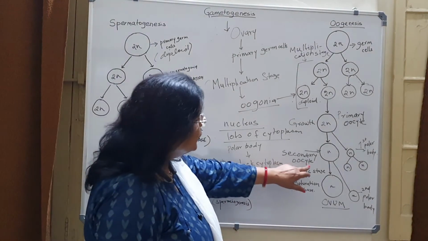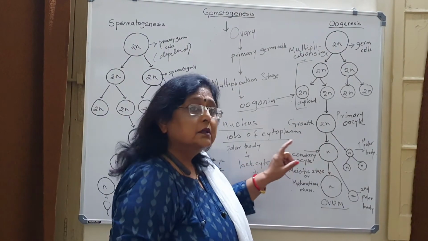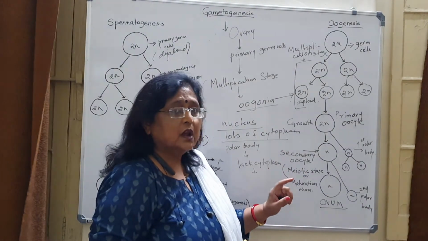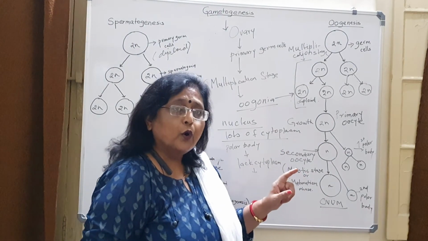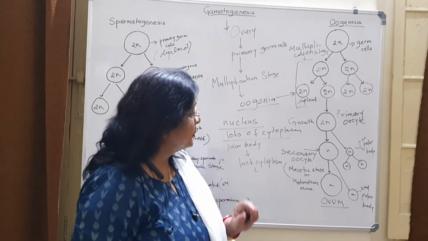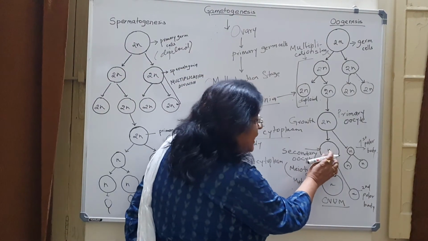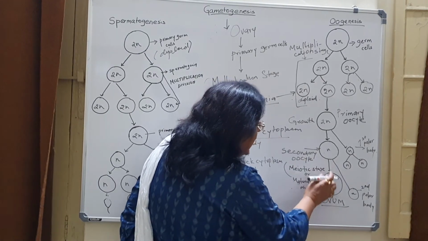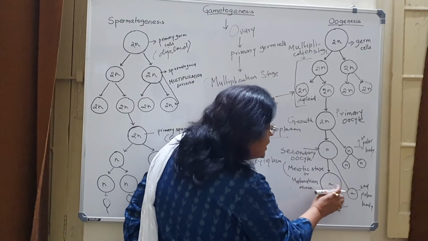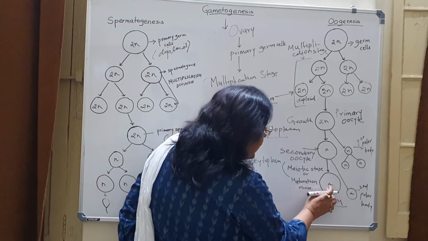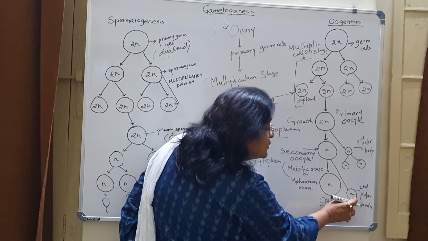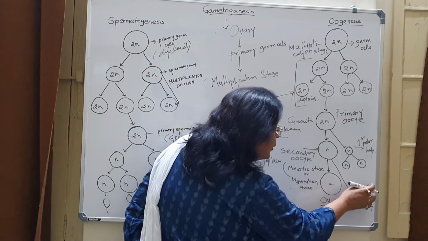Now the secondary oocyte will enter the second meiotic division, that is the equational division where the number of chromosomes remains the same. The big cell, the secondary oocyte, will divide and again produce cells of unequal size. The one which is big will be known as ovum. The one which is small will be known as the second polar body.